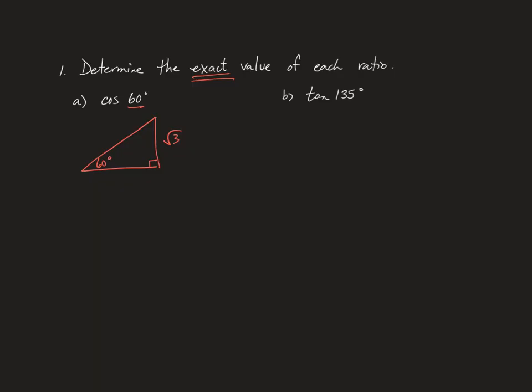Therefore, you know that the three sides of your 60-degree special triangle are root 3, 1, and 2. Using that triangle, you can come up with the ratio, and cos is adjacent over hypotenuse, so it would have a value of 1/2.